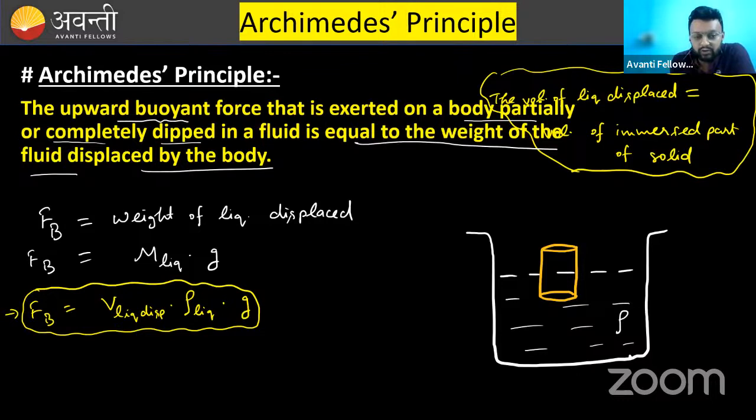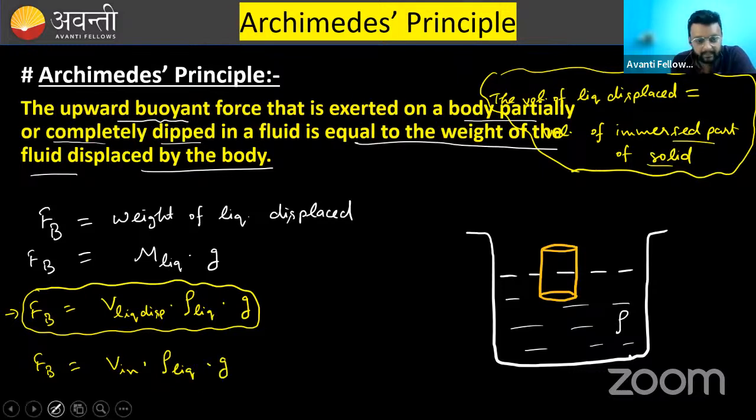Another thing, I have told you that the volume of the liquid displaced is equal to the volume of the immersed part of the solid. So you can also write the buoyant force as volume of immersed part, V_in, the volume inside of the solid body, into density of liquid into g.